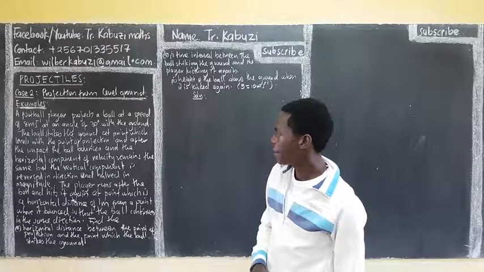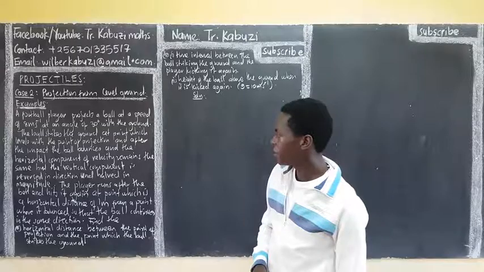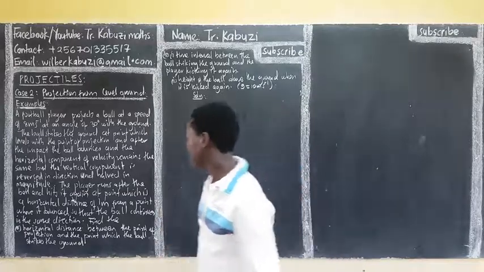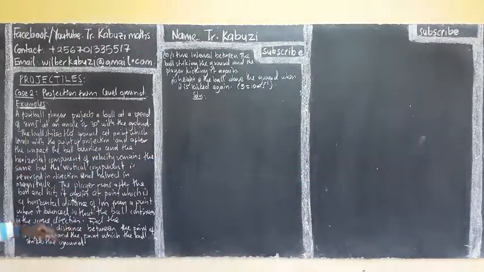The player runs after the ball and hits it again at a point which is a horizontal distance of 1 meter from the point where it bounced, so that the ball continues in the same direction. Find the horizontal distance between the point of projection and the point where he hits the ball.